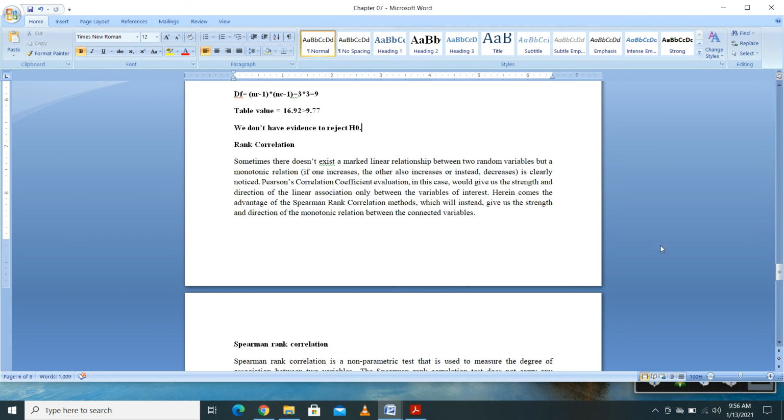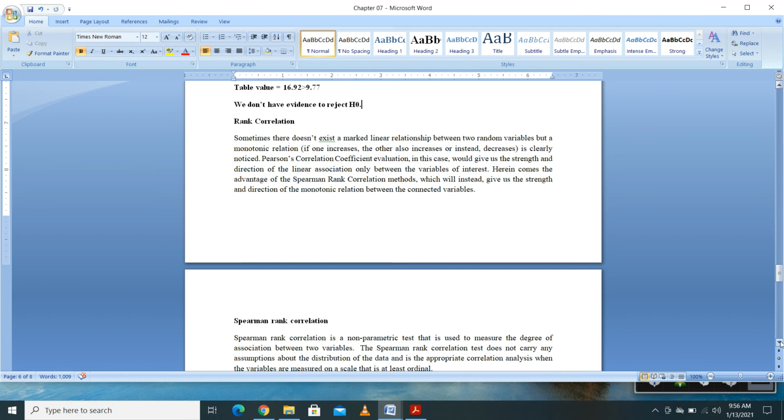Most of the time we use Pearson's correlation coefficient, but Pearson's correlation coefficient always measures the linear relationship between two variables. But sometimes when you take two variables, other relationships exist. For example, when you increase one variable, the other one is decreasing.